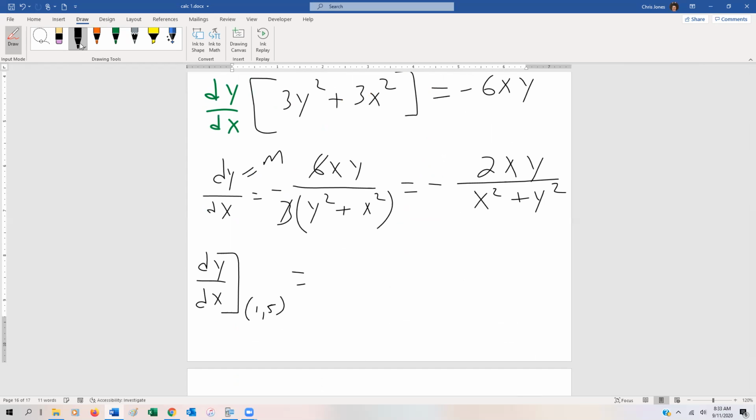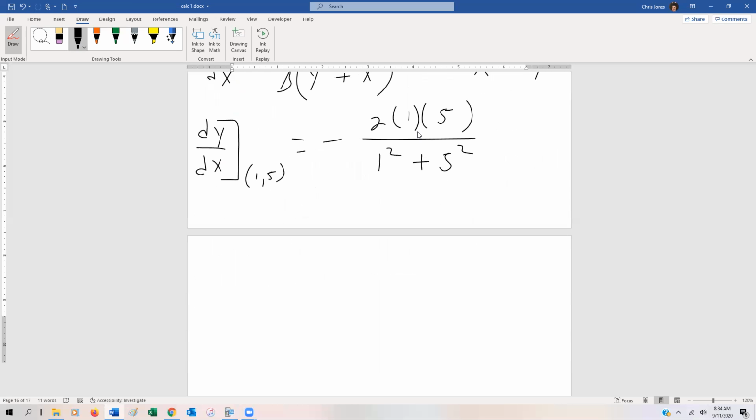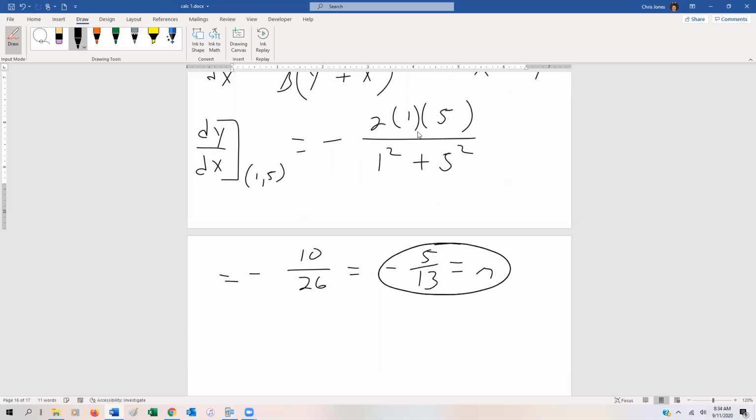It is going to be equal to the opposite of 2 times 1 times 5 divided by 1 squared plus 5 squared. And by computation, that's going to be the opposite of 10 over 26, or in other words, negative 5/13. And that's our slope. Right? So let's hold on to that.